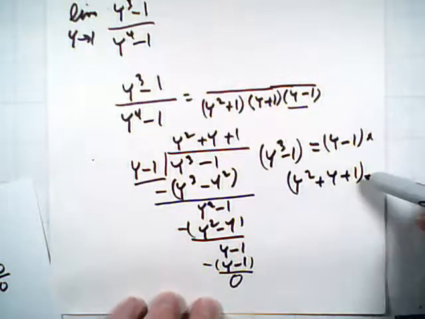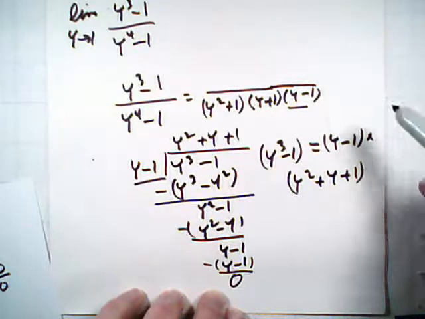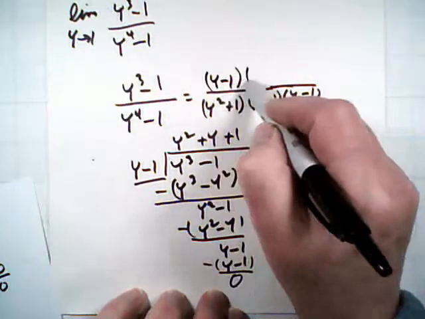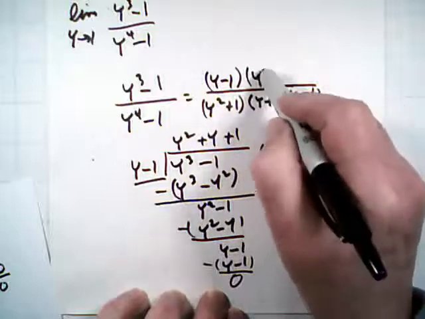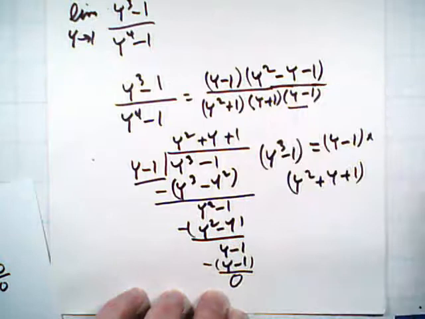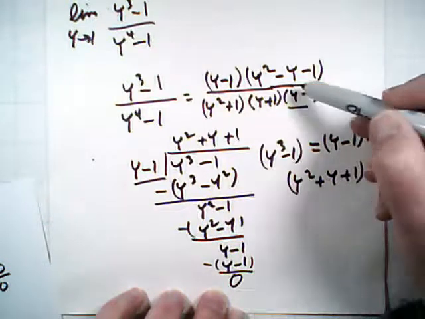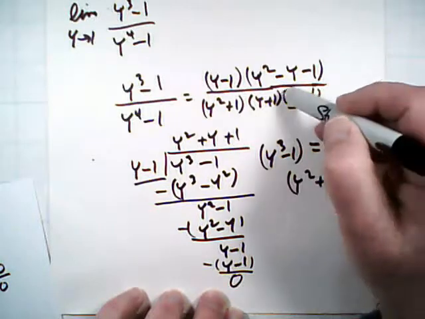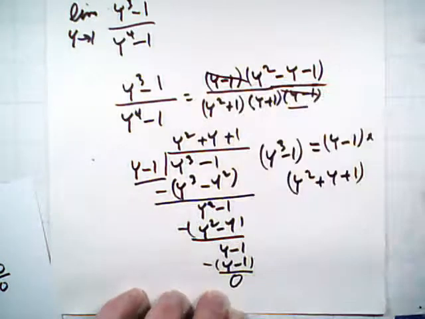So we can take this and substitute back into the numerator expression and make it y minus 1 times y squared plus y plus 1. And we note that we have a y minus 1 in the numerator and denominator, which are causing the numerator and denominator to be 0, and we can cancel those out. Cancellation is by dividing both the numerator and denominator by y minus 1 and getting a 1 as a result of that.